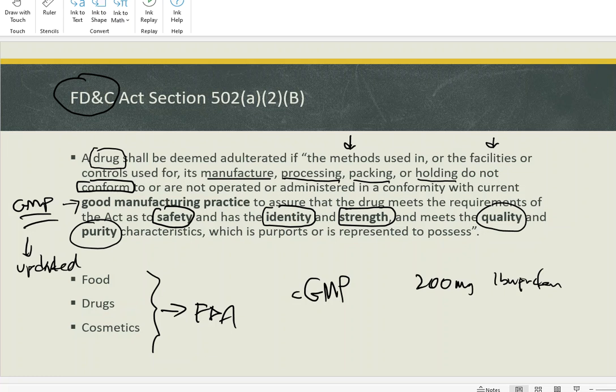So that world follows the FD&C Act. We have to make sure that that product is getting made in an arena that helps ensure the safety, identity, strength, quality, and purity of that particular product. So that way, when a consumer purchases it, it's not going to make them go blind when they put eyeshadow on. That is the overall concept of this.